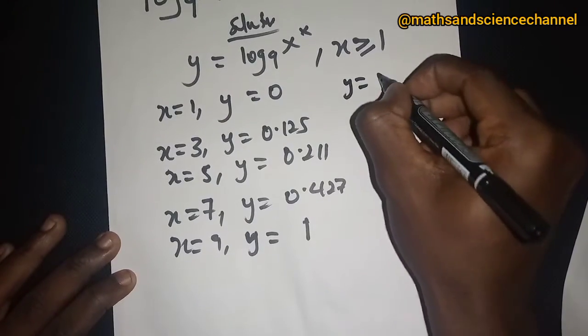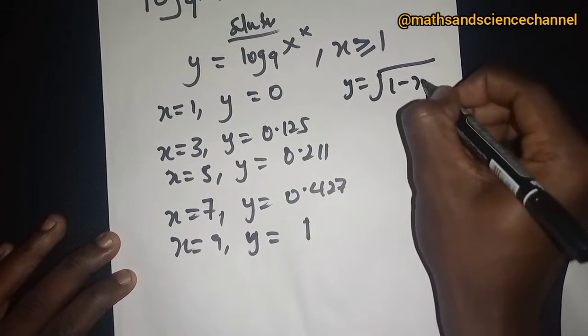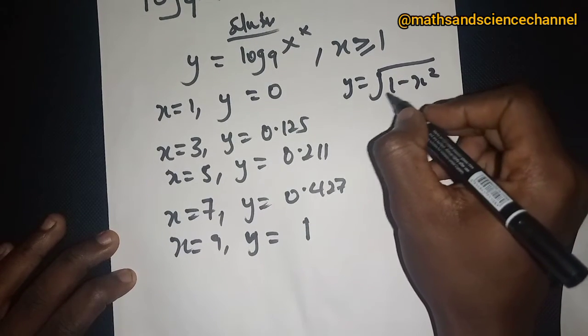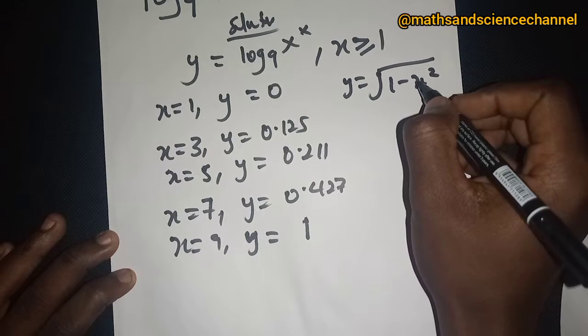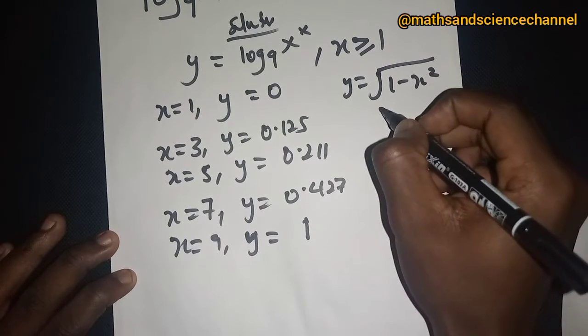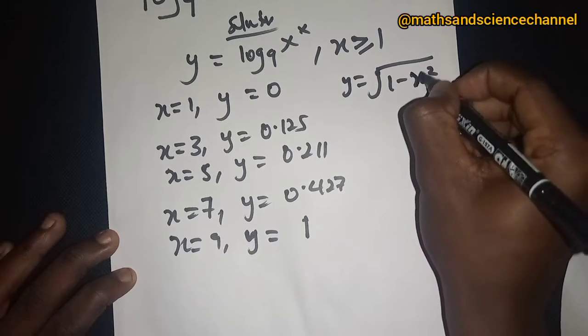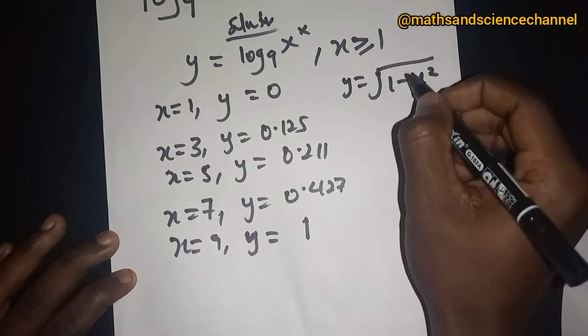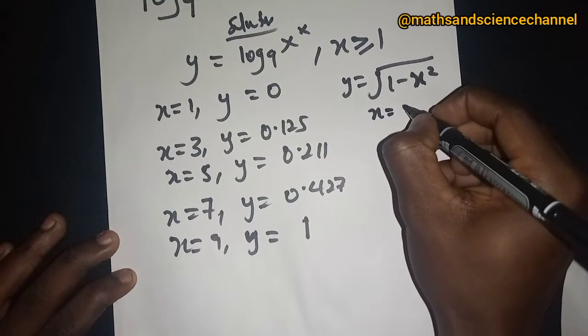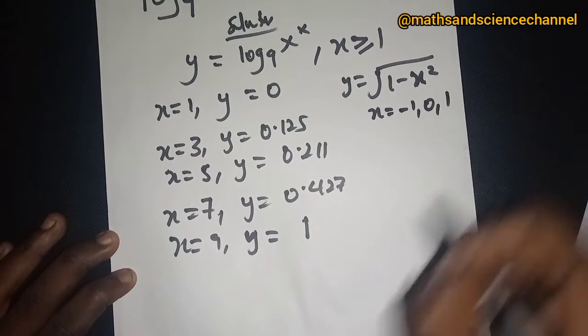Then let's take the second function, y equal to the square root of 1 minus x squared. Now we have to find the values of x for which the function is defined. The values of x for which the function is defined should be between x being equal to -1, 0, and then 1.